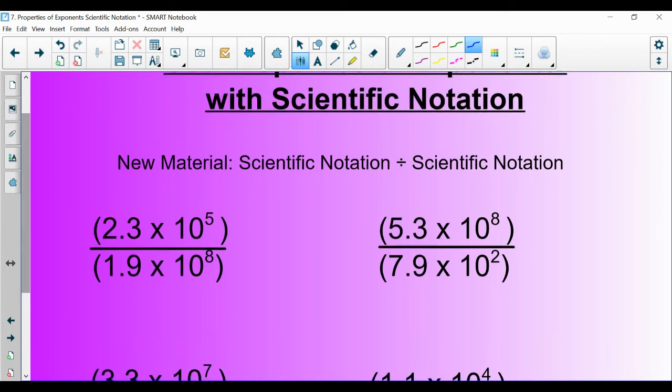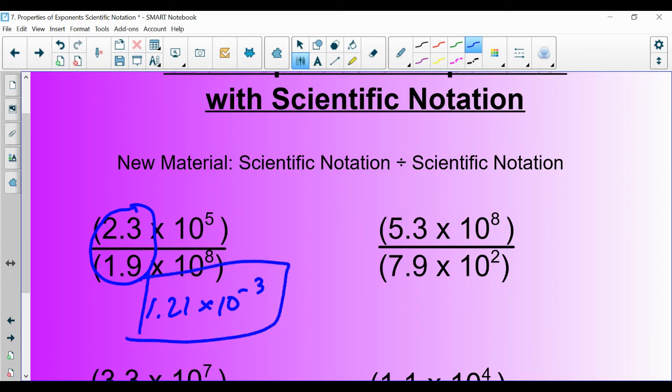If you were doing 2.3 times 10 to the 5th divided by 1.9 times 10 to the 8th, you're going to divide the a terms. 2.3 divided by 1.9 is, we'll call it, 1.21 times 10. And when you're dividing, remember, with the properties of exponents, if they have the same base, you subtract their exponents. So you'd have 1.21 times 10 to the negative 3rd power. That would just be your answer.